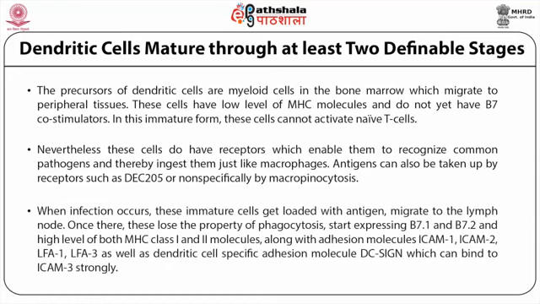When infection occurs, these immature cells get loaded with antigen and migrate to the lymph node. These lose the property of phagocytosis, start expressing B7.1 and B7.2 and high level of both MHC class 1 and 2 molecules along with adhesion molecules ICAM1, ICAM2, LFA1, LFA3 as well as dendritic cell specific adhesion molecule DC-SIGN, which can bind to ICAM3 strongly.